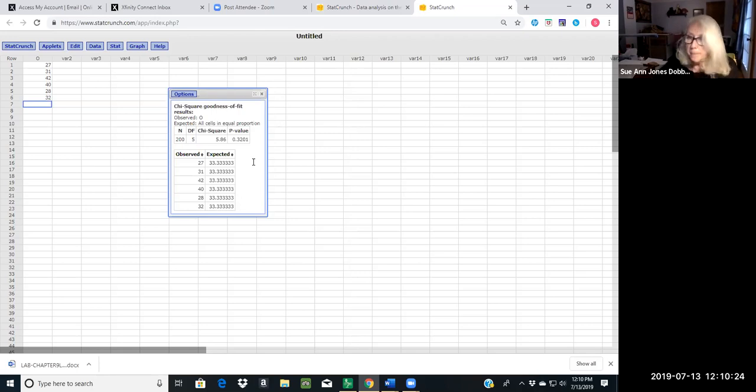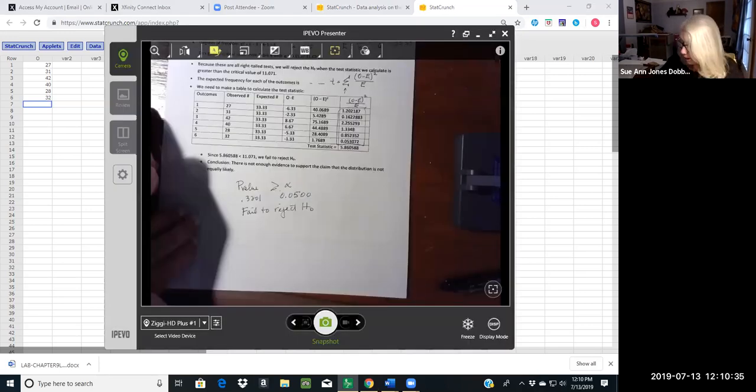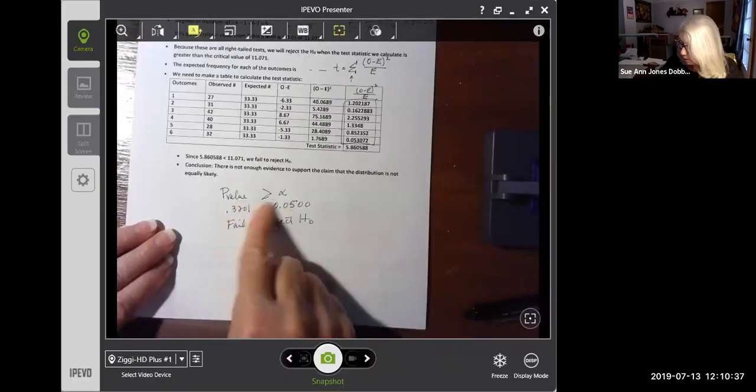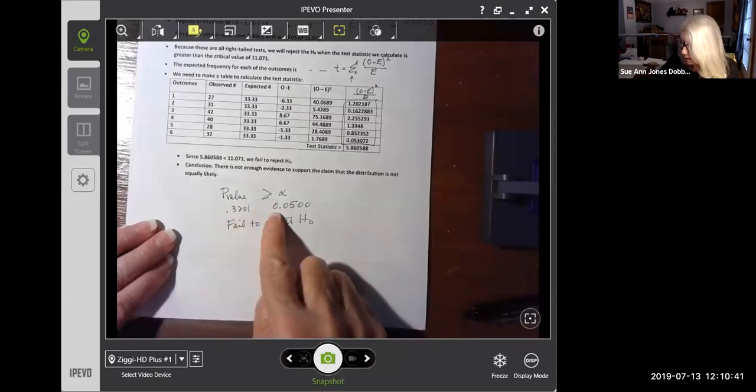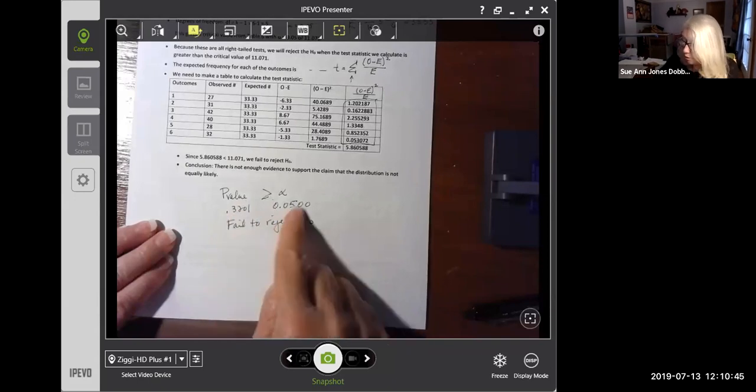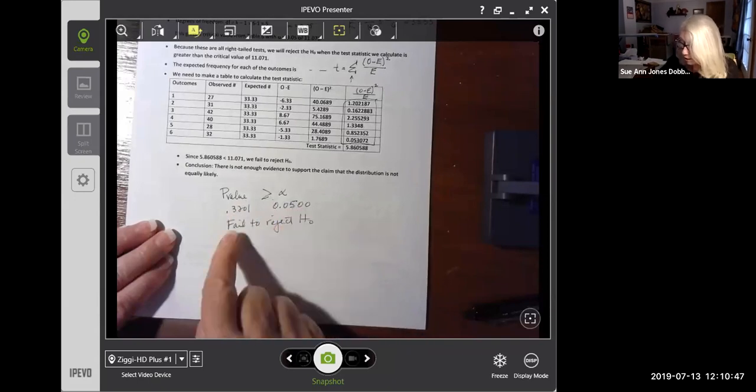So I'm going to change the screen again and just show you the way I wrote it down on my presenter window, right? I compare the p-value with the alpha value, so that was 0.3201 to 0.0500. This number is bigger than that number. That means I failed to reject the null hypothesis.